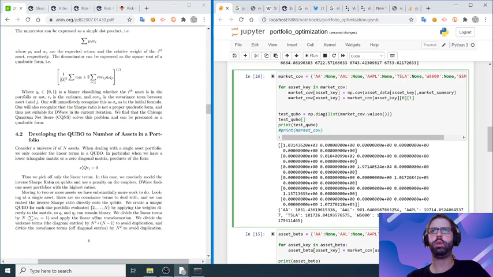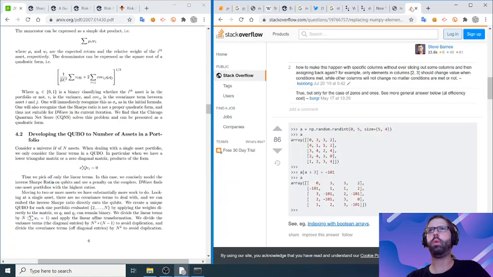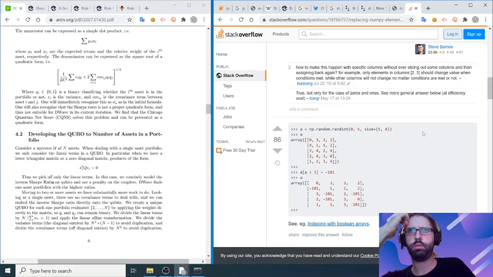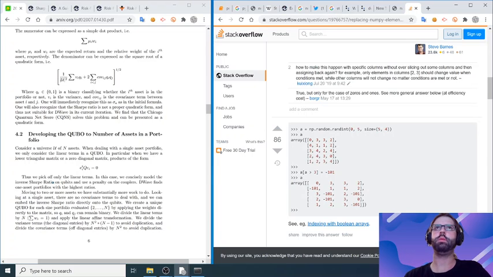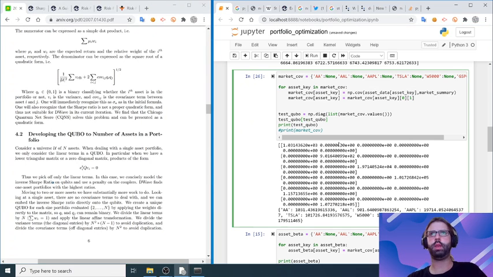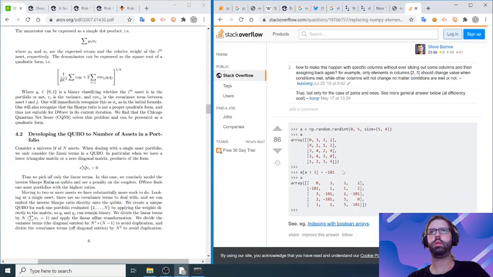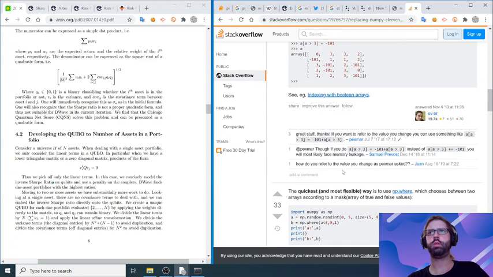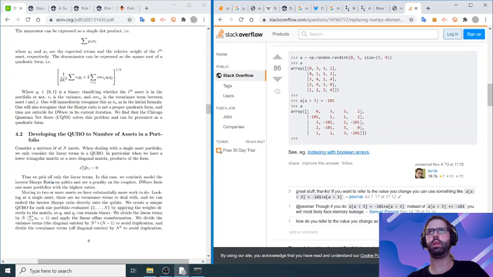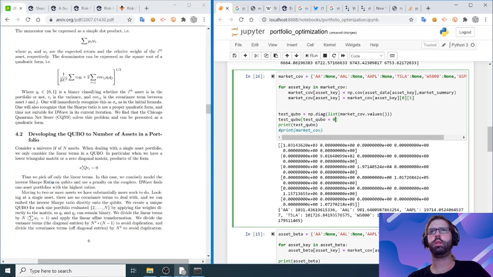So I can say test QUBO, test QUBO bigger than or equal to 0, then say, I don't know, like 100.